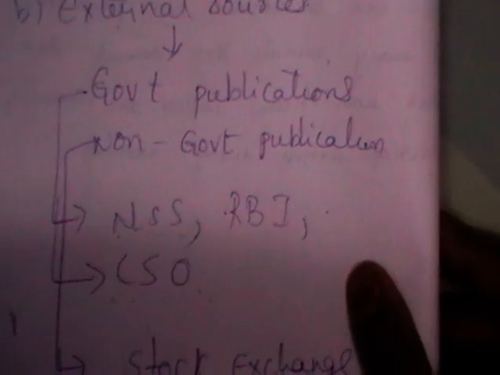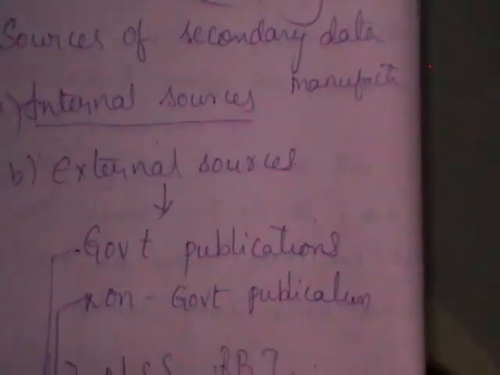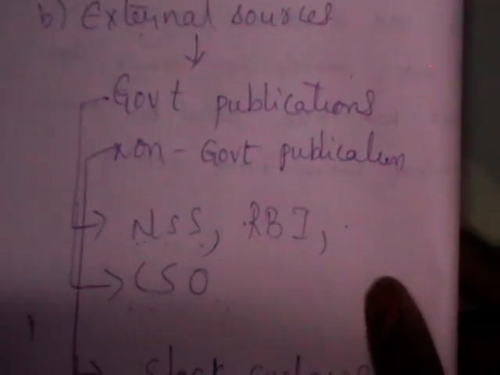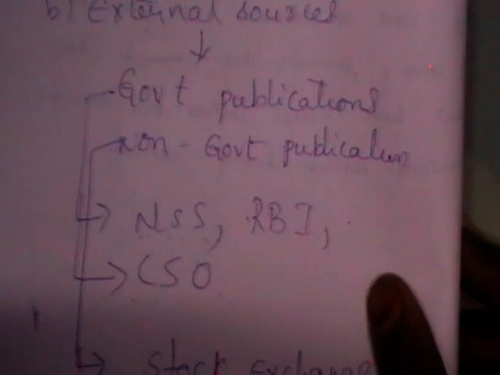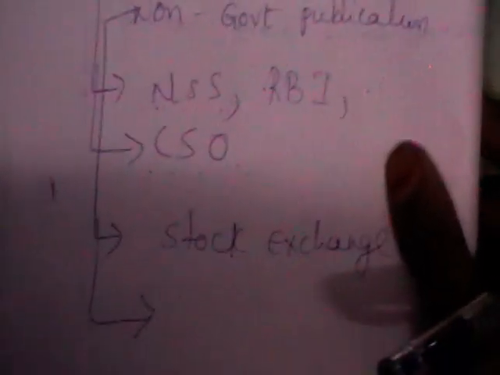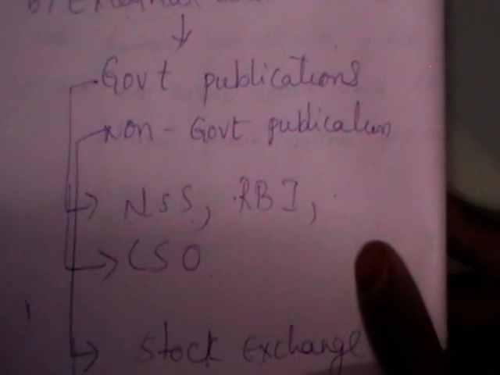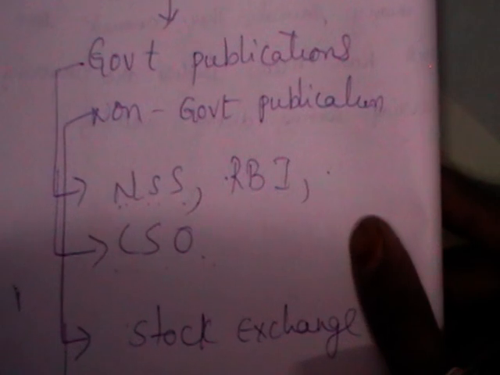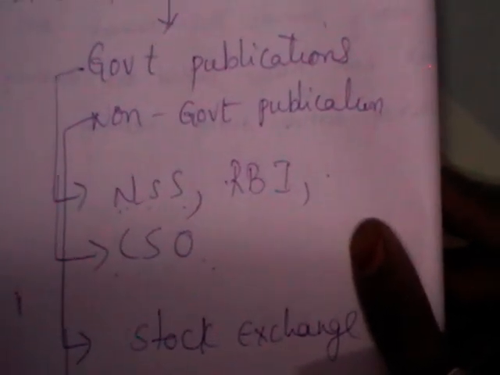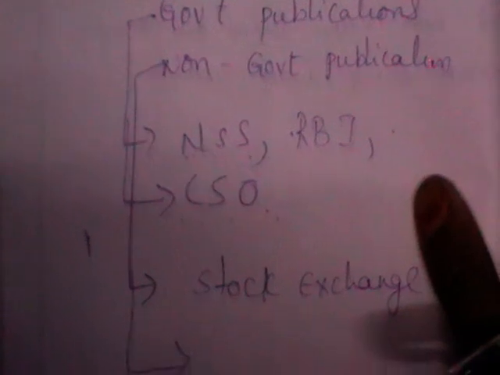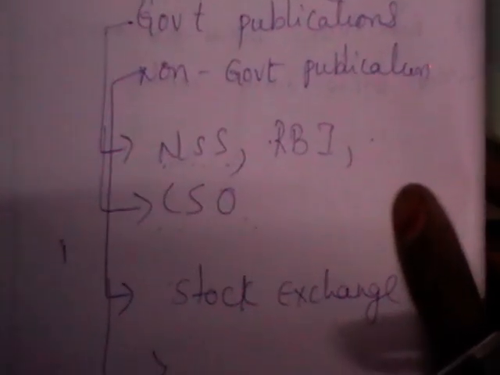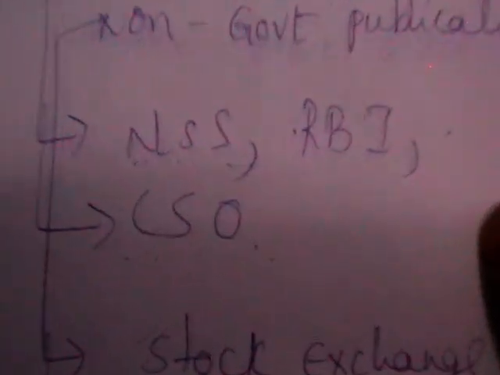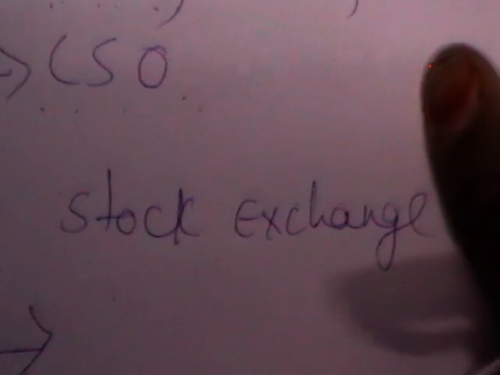Under government publications, the data is released by government organizations like RBI, NSS and CSO. Along with the official agencies, some private organizations also release a large number of publications. The best example is stock exchange directories and many more. In your book you can refer to those. So these are the secondary sources.